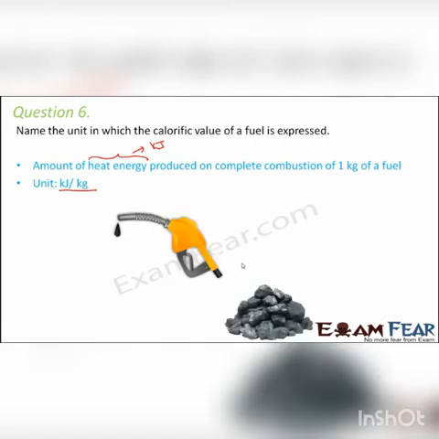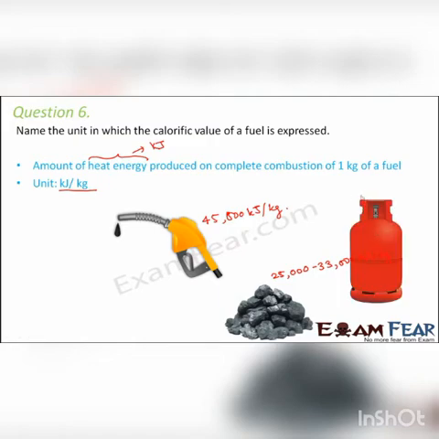If you look at the calorific values of various fuels, for example, for coal, the calorific value is around 25,000 to 33,000 kilojoules per kg. If you look at the calorific value of petrol, it is 45,000 kilojoules per kg. That means on complete combustion of 1 kg of petrol, heat energy of 45,000 kilojoules will be produced.